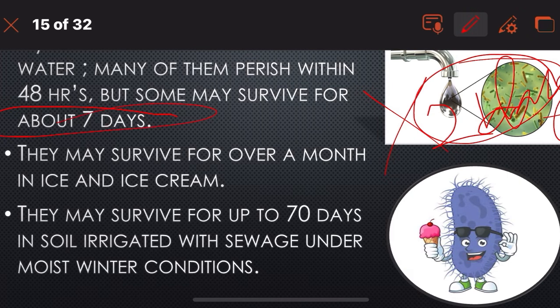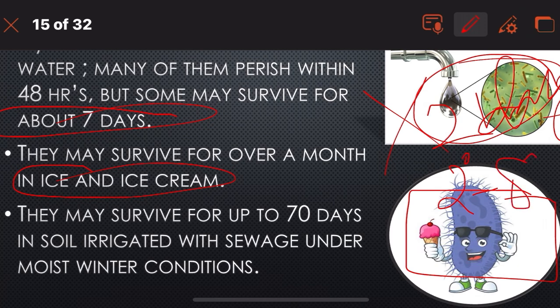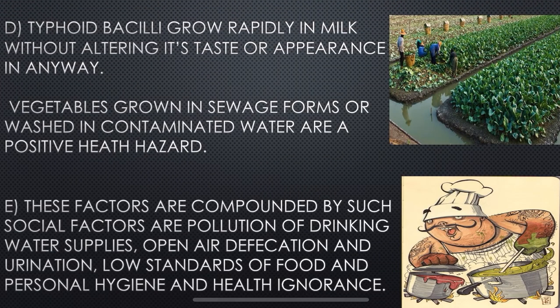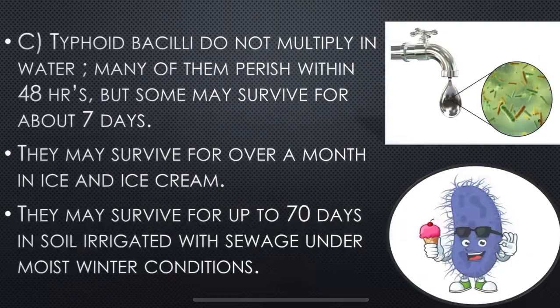They may survive for over a month in ice and ice creams. At a temperature of 2 to 8 degrees Celsius, the bacilli can survive in ice and ice creams for up to 1 month. In plain room temperature water, it will die within 48 hours.